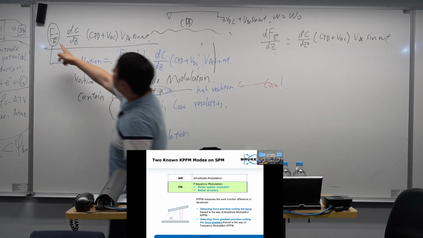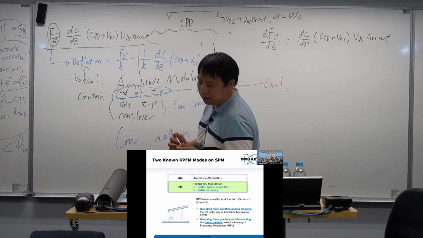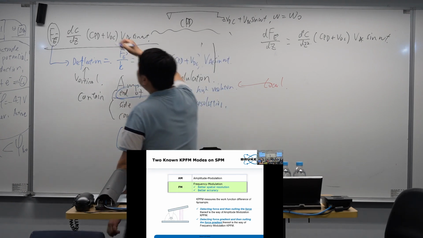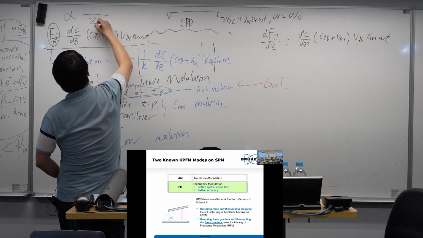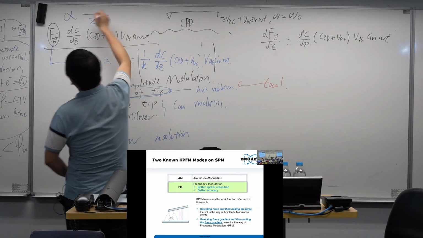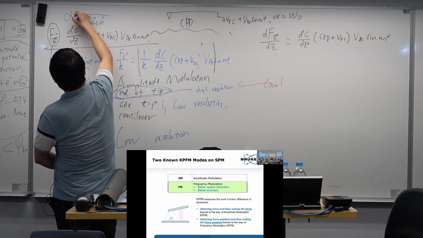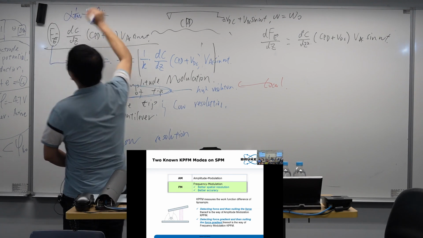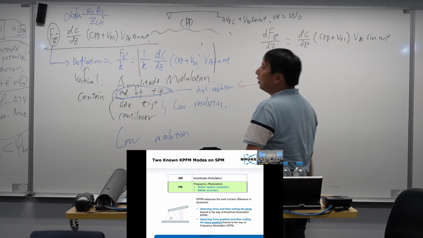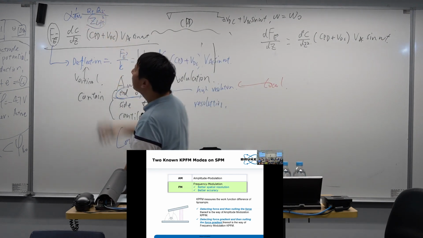This electric field force we discussed in the morning is related to Z lift squared, because it is Coulomb's law, 1 over 4 pi epsilon 0, Q tip Q sample, proportional to 1 over the square.